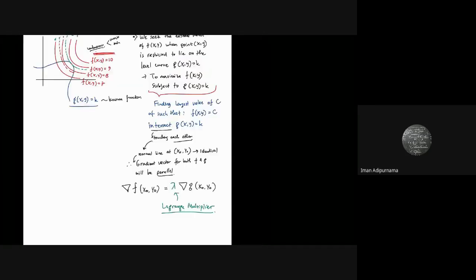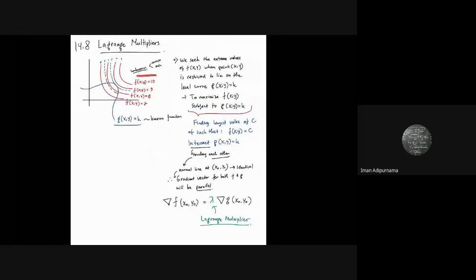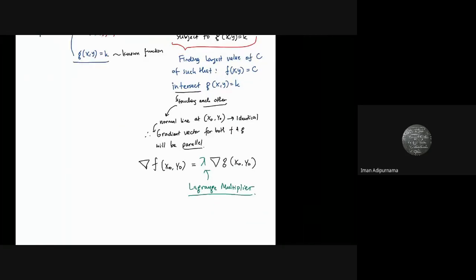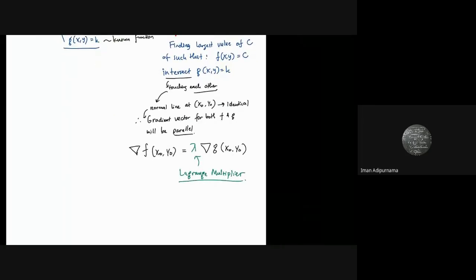Okay, it seems a little bit complicated, but actually in the practical parts, it's not too difficult. So Lagrange multiplier is one method to find maximum or minimum value if you have a function that you want to approach and you have a constraint.